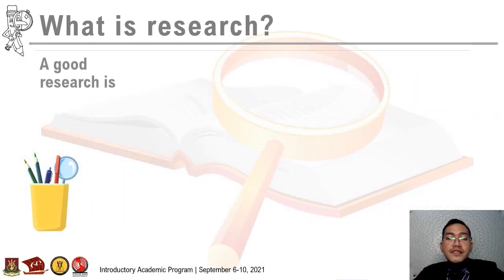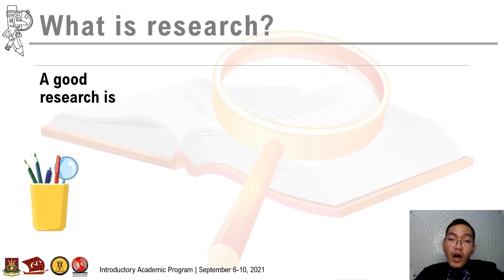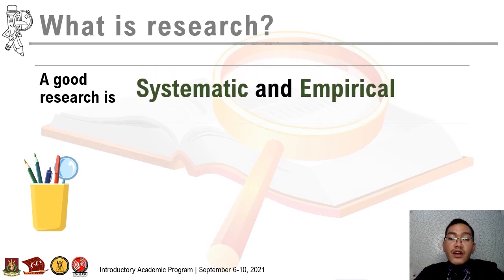Overall, we can say that a good research is one that is systematic because there are specific steps to be taken and specific rules to be followed. Certainly, we do not just guess when we make conclusions, right? So research has a structure that we should follow.